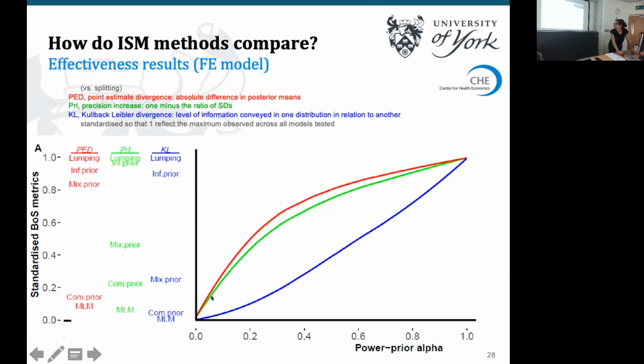It's basically a different way to summarize the information presented before, where the point estimate divergence only focuses on changes in the point estimate, the precision increase only focuses on changes in precision, and the Kullback-Leibler divergence should combine both precision and point estimate. And you can see that the power prior behaves as you'd expect: 0 close to splitting, 1 close to lumping.